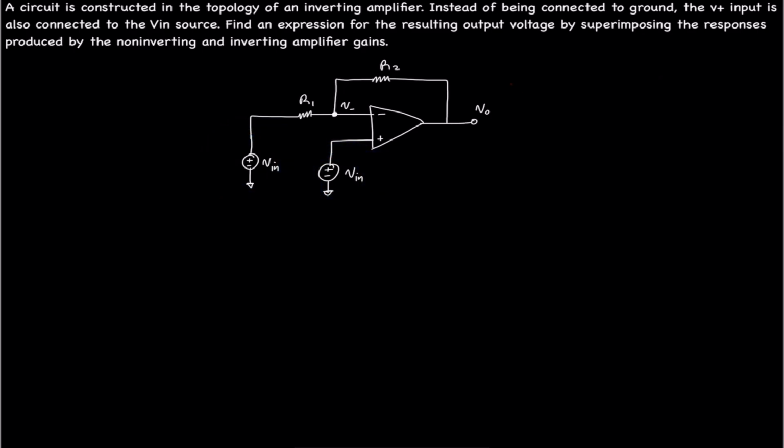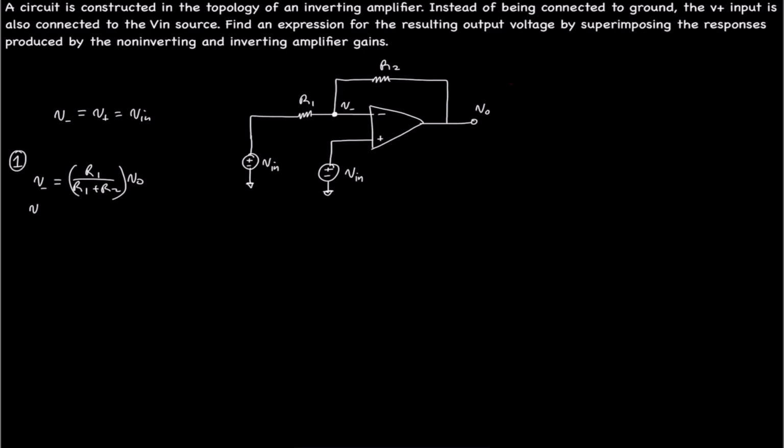So for the non-inverting case, we start with 1, and V minus is equal, by voltage division, to R1 divided by R1 plus R2 times V out. By virtual short, for the non-inverting case, V minus is equal to V plus, which is equal to V in.